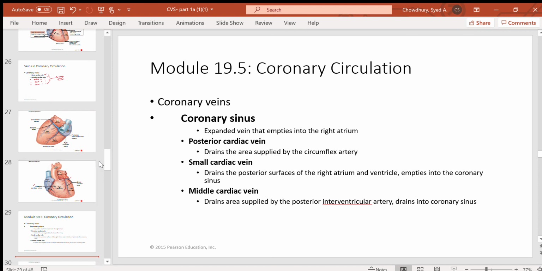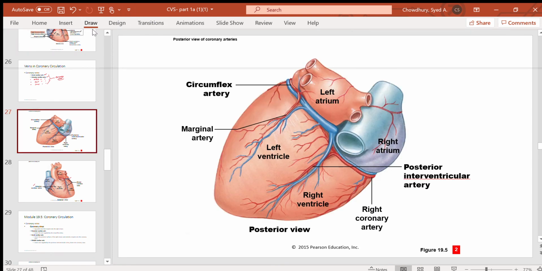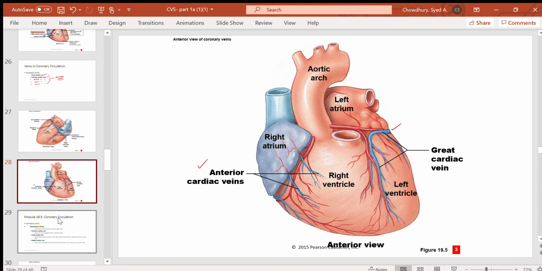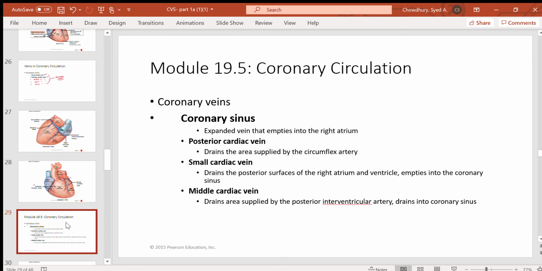You see here posterior cardiac vein, small cardiac vein, middle cardiac vein, right? So these are the other veins.